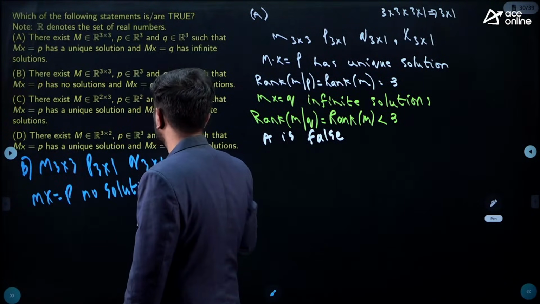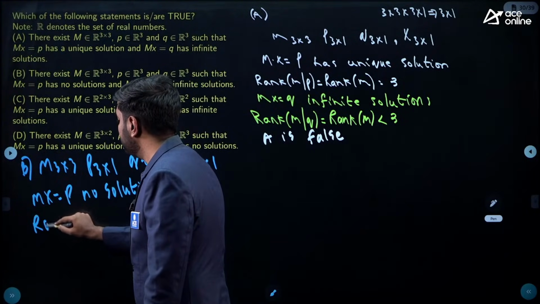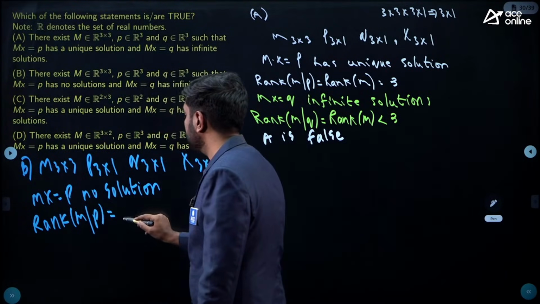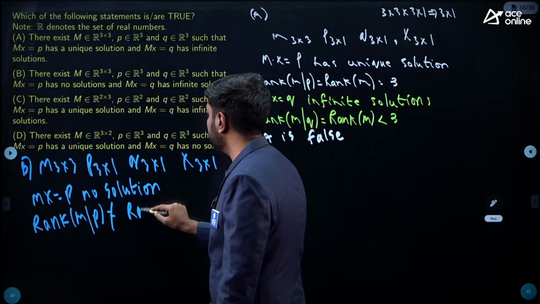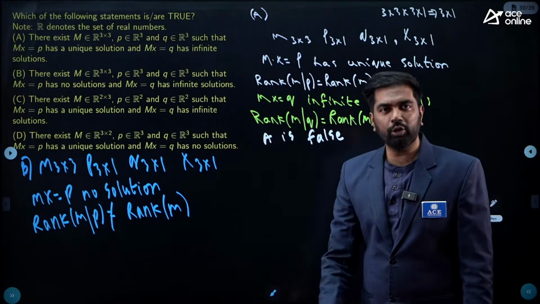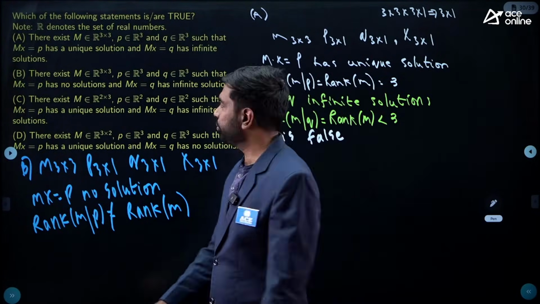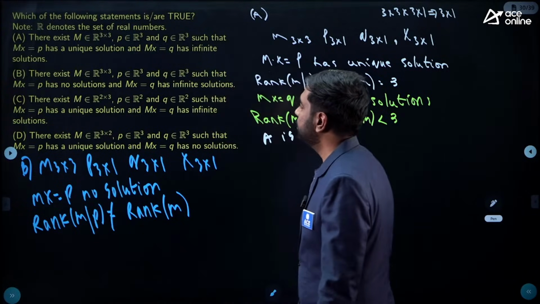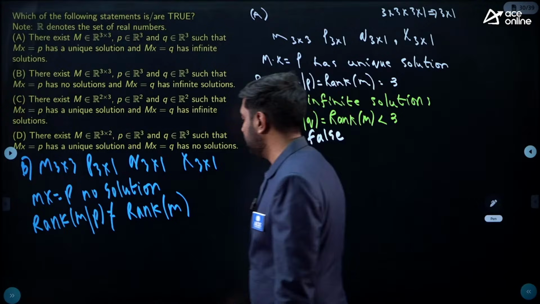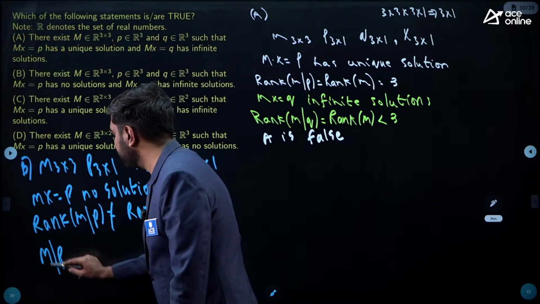So when do you have no solution? I have an idea. When rank of [M|P] is not equal to rank of M, that's when you will have no solution. Now what shall I do? Let me see what will be the order of [M|P].